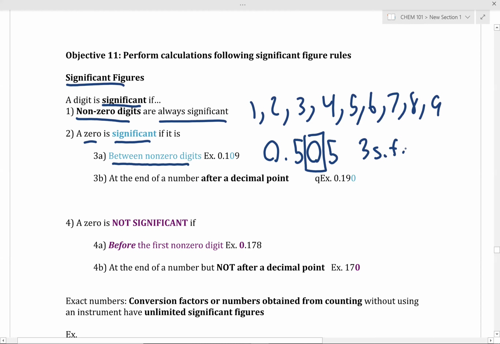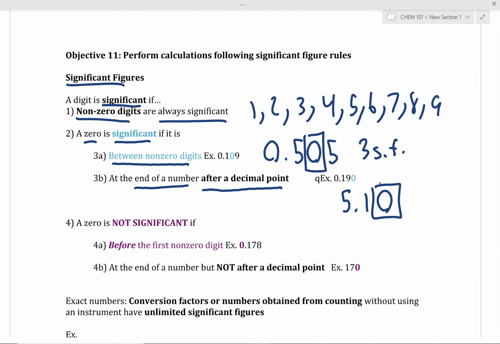The other criteria for when a 0 is significant, if it's at the end of a number and after a decimal point. Okay? So what do I mean by that? If we have, for example, 5.10, looking at this 0, is it at the end of a number and after a decimal point? Yeah. Everyone see the decimal point right here?